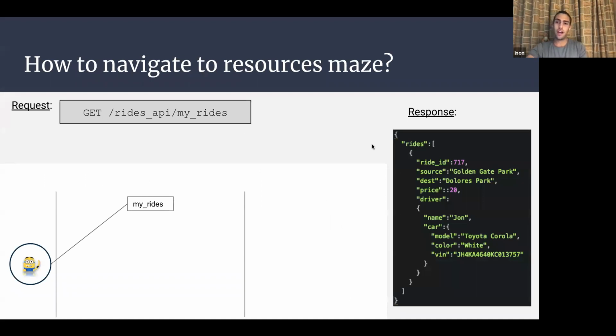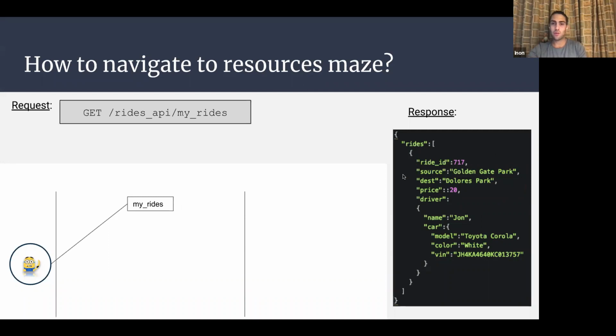So you have this API call to Rides API/my ride. It might be some ride sharing app, and the response contains your previous rides, right? And you might take a look at this and say, okay, it sounds very interesting. But as I said, API pentest requires you to be more curious, to be more mindful about the API.